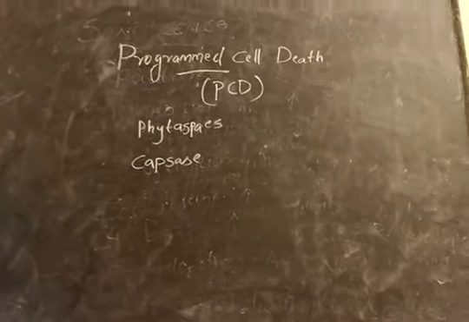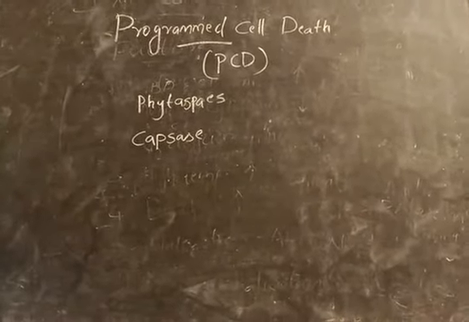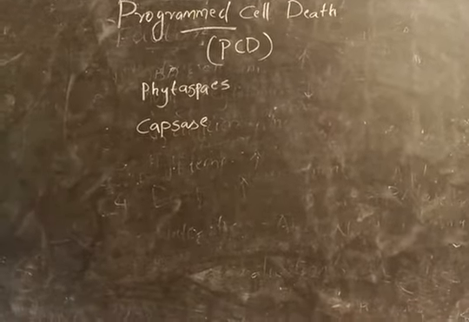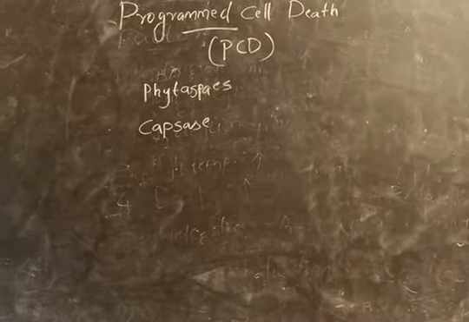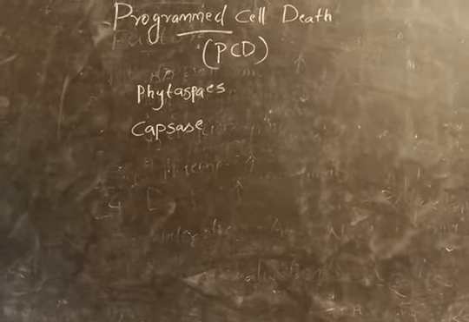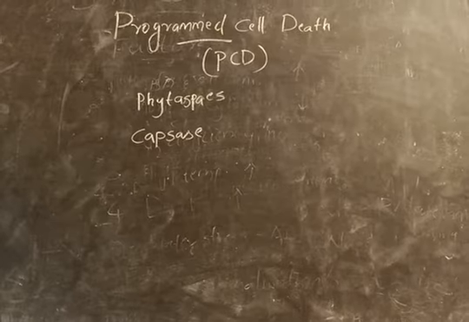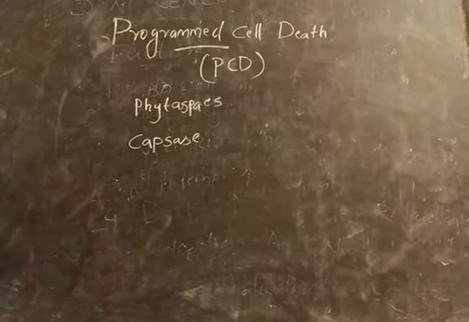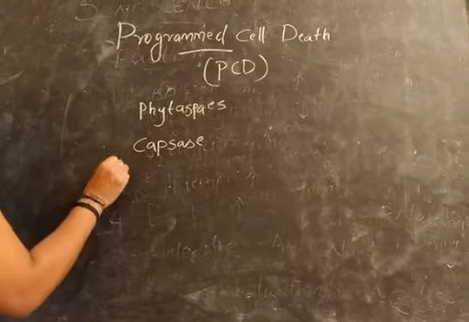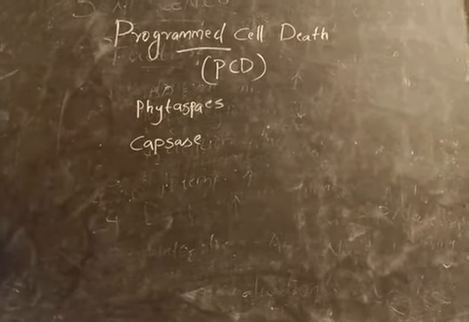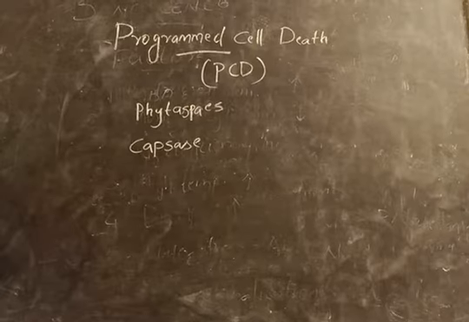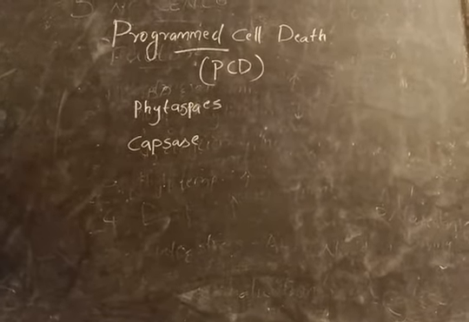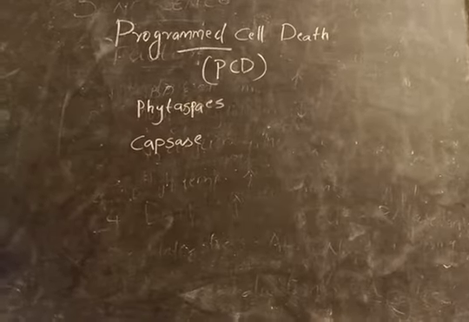So these enzymes are responsible for programmed cell death in animals as well as in plants. The nutrients and other substrates from senescent cells are remobilized or relocated to other parts of the plant, to other tissues for their survival.